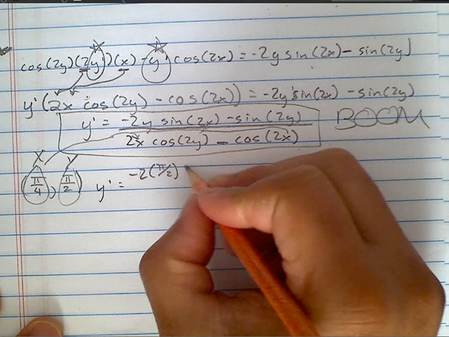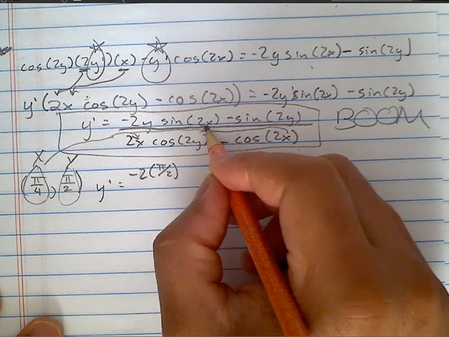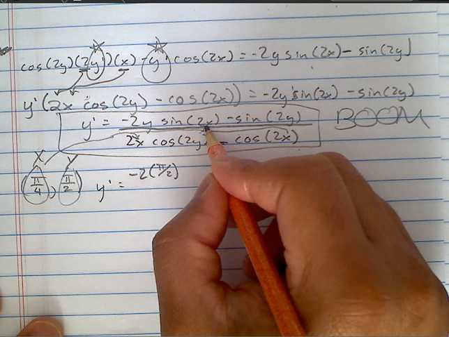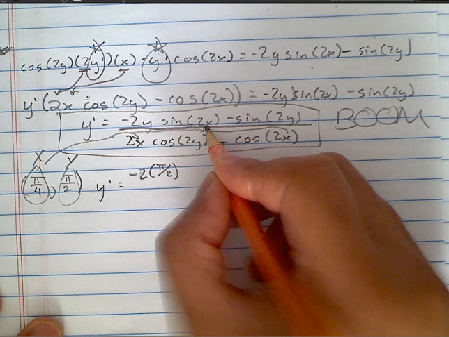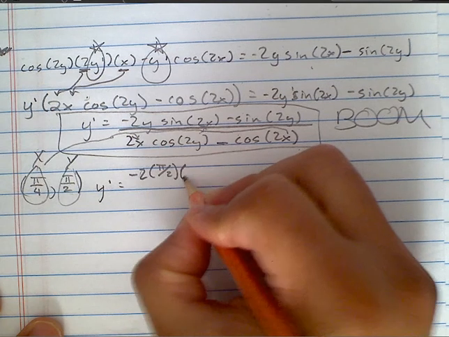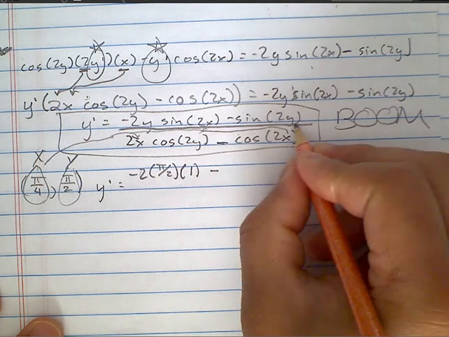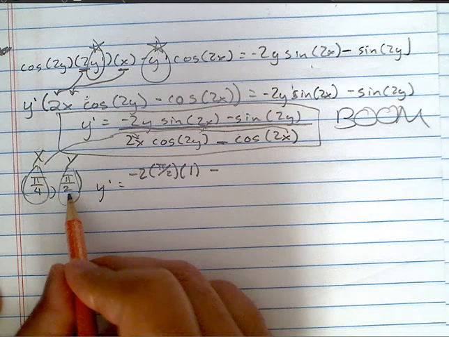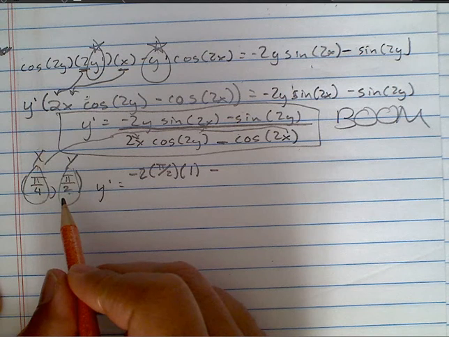And then sine 2x. Well, 2 times pi over 4 is pi over 2, so the sine of pi over 2 is 1. Minus the sine of 2y, well, let's see what that is. The sine of 2 times pi over 2, 2 times pi over 2 is pi, sine of pi is 0.